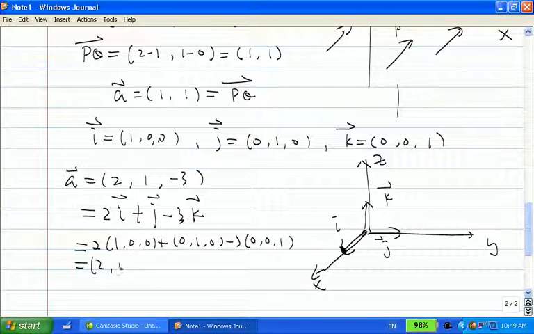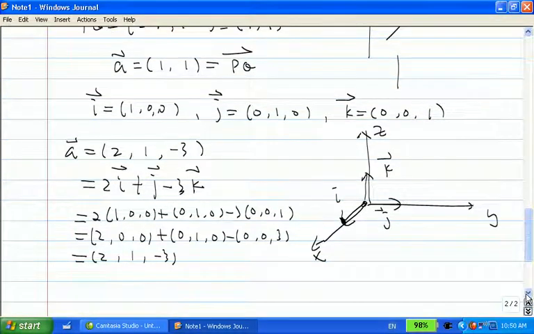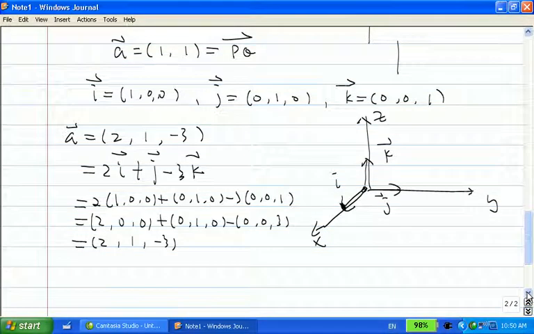You get (2, 0, 0) plus (0, 1, 0), then minus (0, 0, 3). Then you perform addition of the vectors. So you add corresponding components together: 2, 1 and then -3. So you can either write it as a triple or something multiplied by i, then plus.